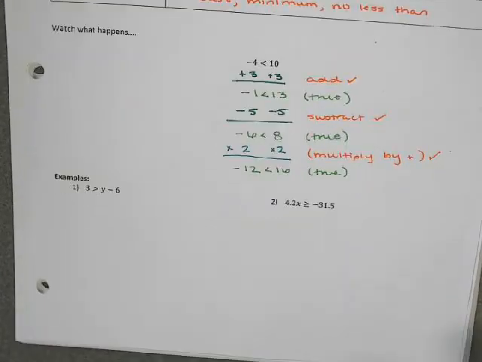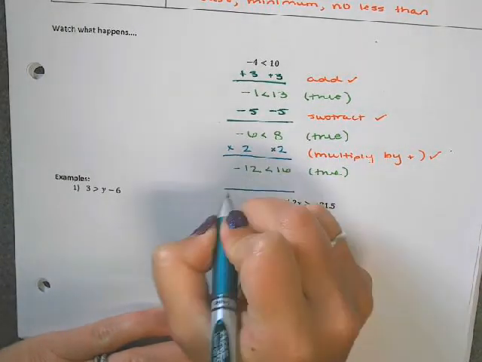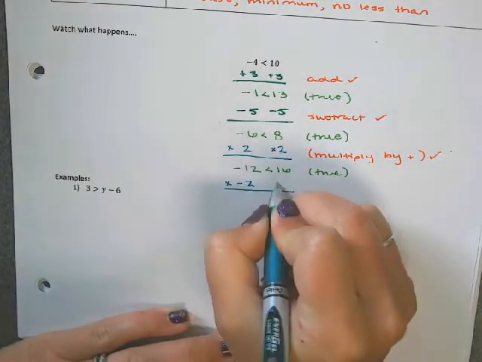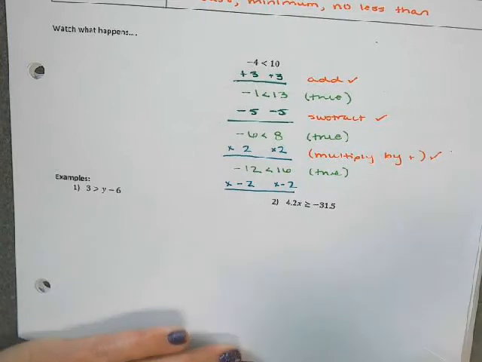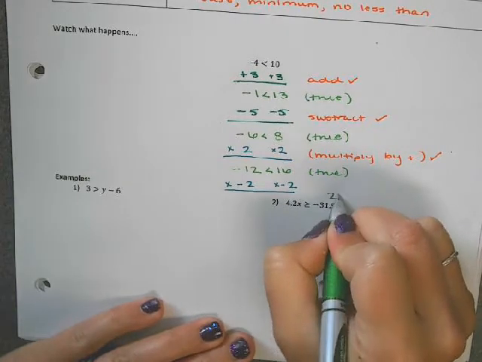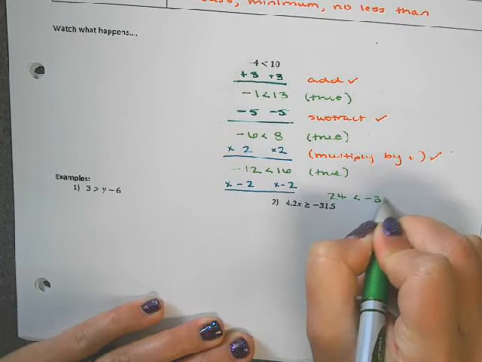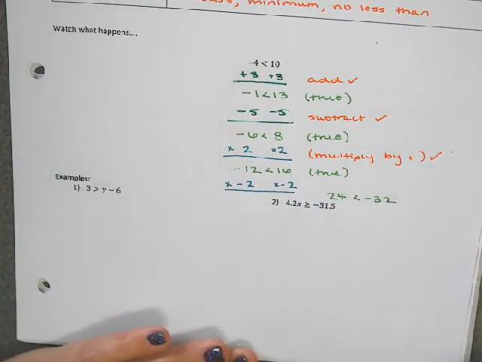Okay. Watch what happens, though, when I multiply by a negative number. This ends up being positive 24 is less than negative 32. Is that true?